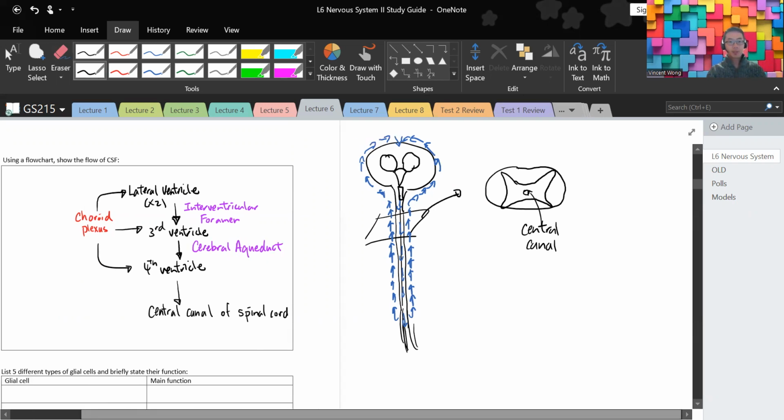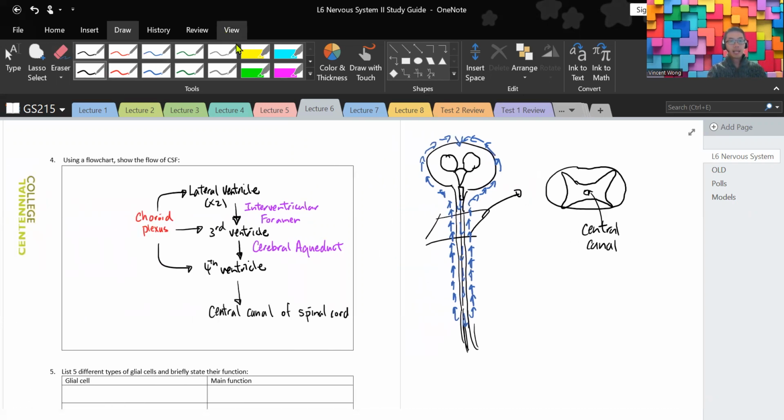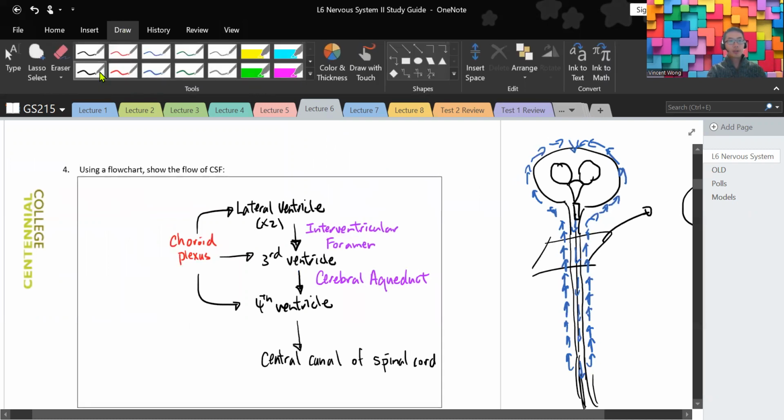Okay, so let me just finish this flow chart for you. Central canal of the spinal cord, then it's going to go into the subarachnoid space, just like the empty space in the arachnoid layer.